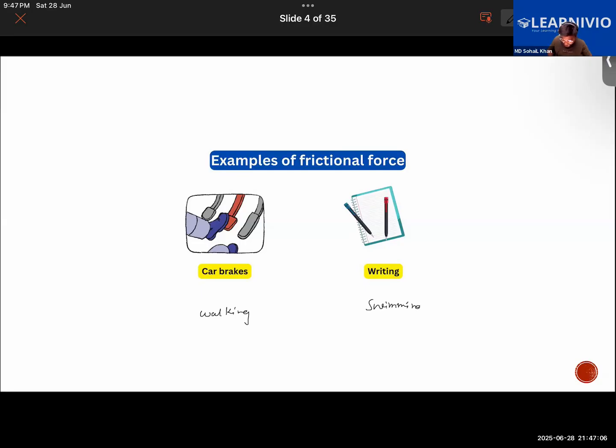Swimming. Atmosphere, and objects will be there. You can say flying. Flying, there will be air friction, air resistance, right? Particularly a flying aeroplane.